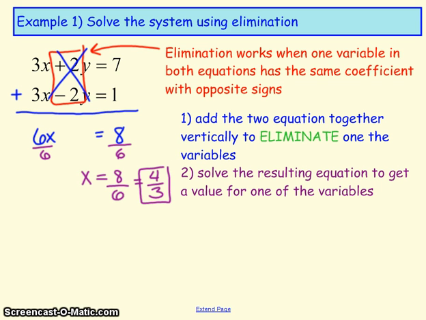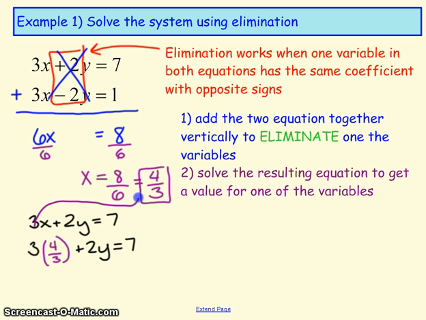Now that we know the value of x, we need to find y. And we're going to do that by plugging x back into one of the original equations. Now it doesn't matter which one you pick, so I think I'm just going to pick the first one. So the first equation is 3x plus 2y equals 7. So I took my 4/3, and where I used to see x, I put the 4/3.